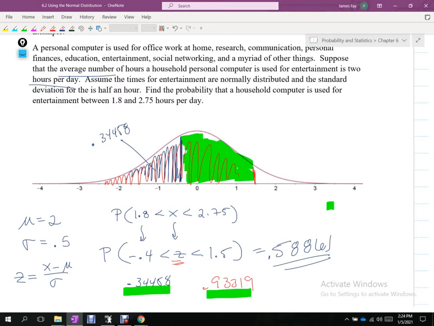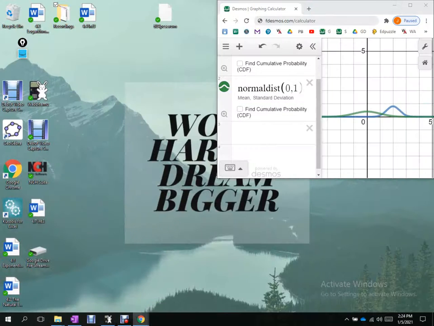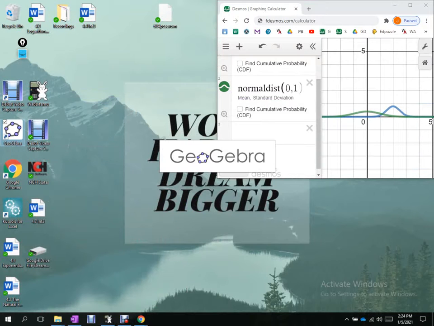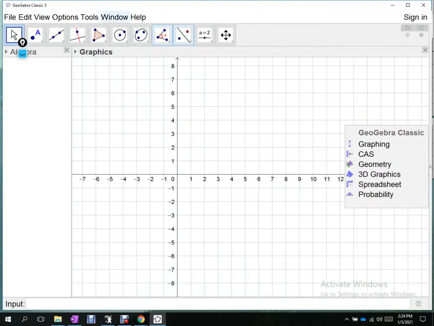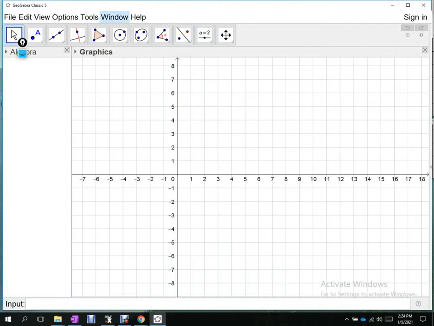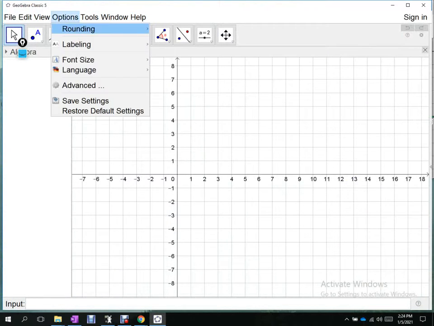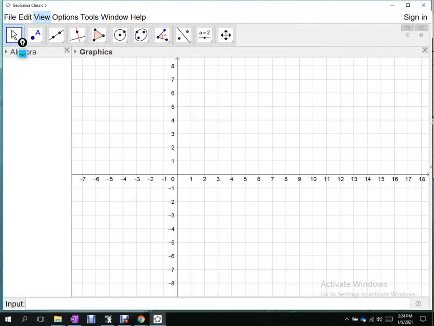So let's use technology here to see if we can arrive at the same thing. GeoGebra, you can use GeoGebra if you want to. I was talking at the end yesterday that I think GeoGebra does more for us and will do more for us in the future in regards to the statistics.